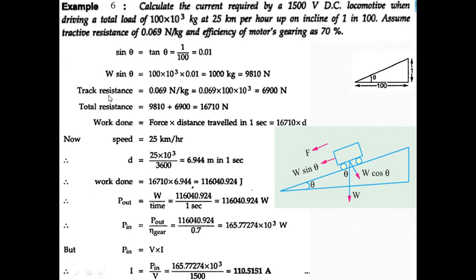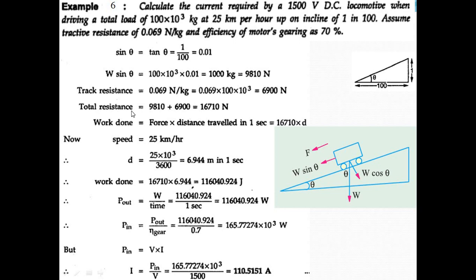Hence the total force is equal to the horizontal component of weight, that is W sin theta, plus the tractive resistance of the total load. Here tractive resistance per kg is given, so you first calculate for the total load, that is 0.069 into 100 into 10 raised to 3. So this is the tractive resistance for the total load.